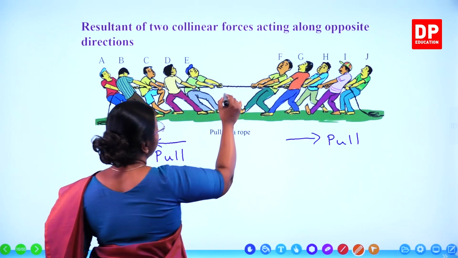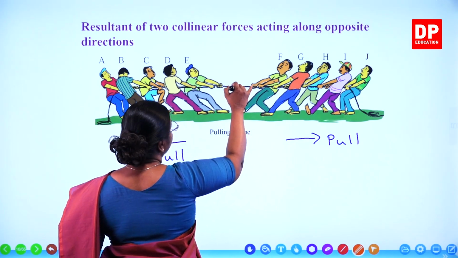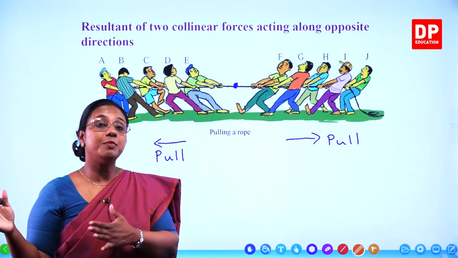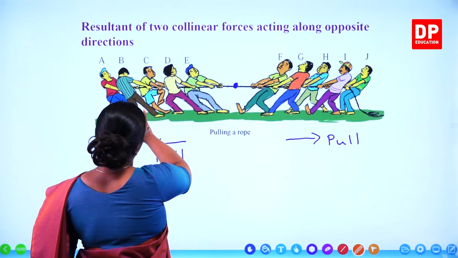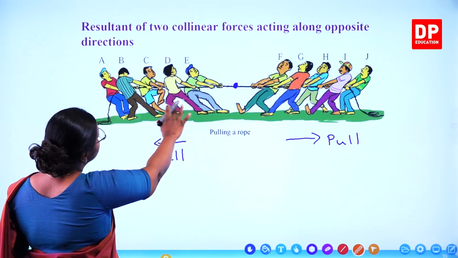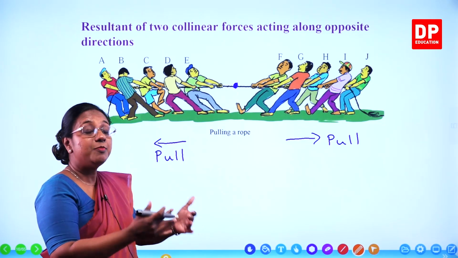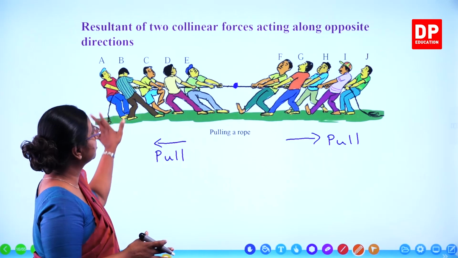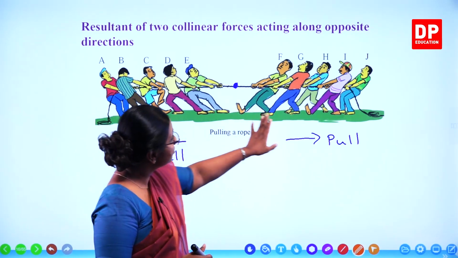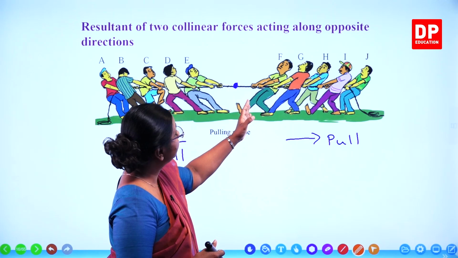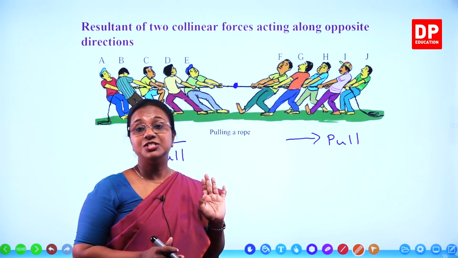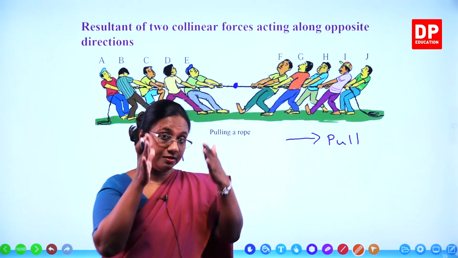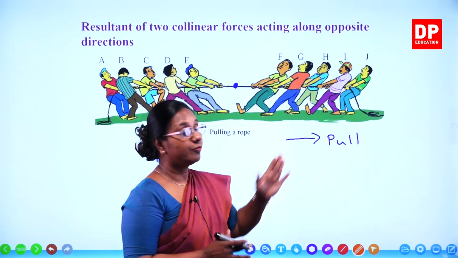You all can remember normally there is a red color ribbon or kind of a band tied there, and when that passes a certain point, let's say if these groups, the group with people A, B, C, D and E, if they pull harder, this point will pass the midpoint and this group wins. Instead, if this group pulls harder, that is people F, G, H, I and J, if they pull harder, this midpoint will pass the win point.